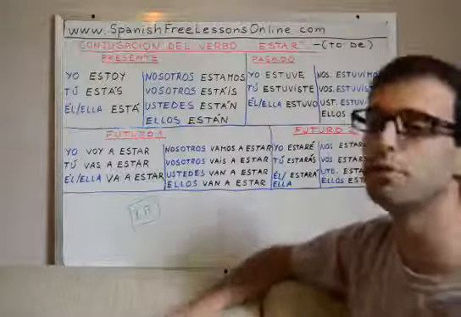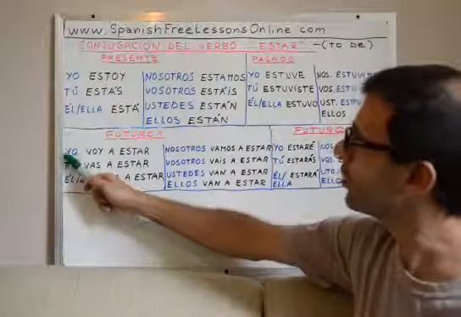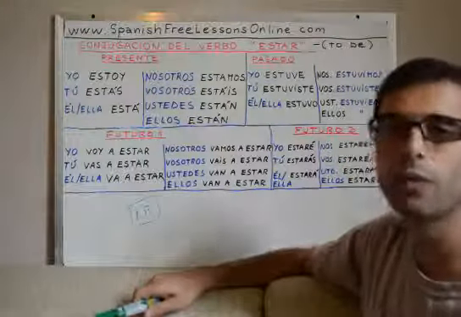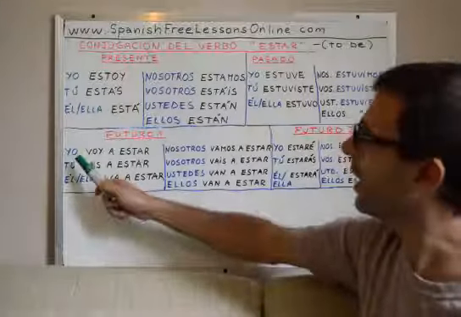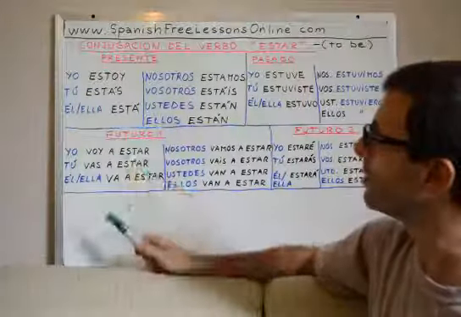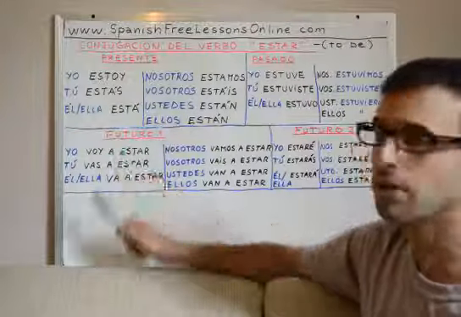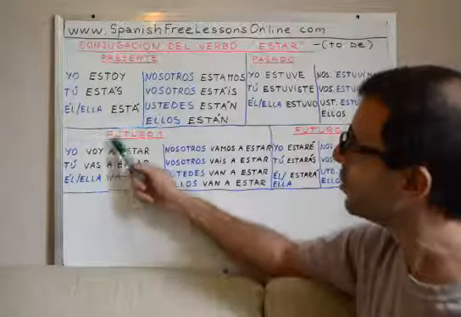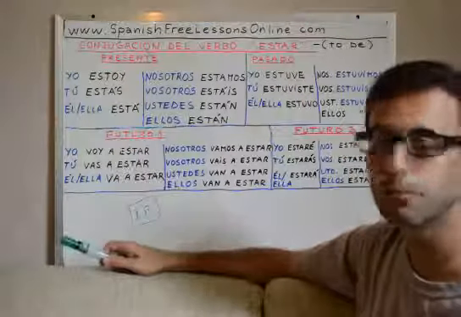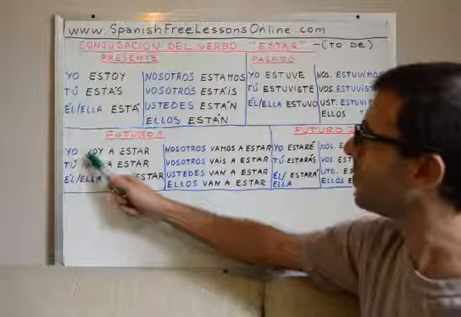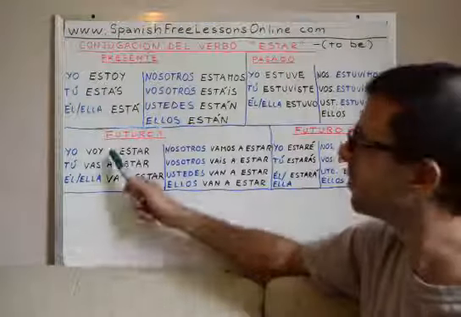So let's begin with the future. Yo voy a estar. This means I will be. I will be, right? This a means to, but this is a necessary word for building the future in Spanish, right? It would be like saying I am going to be, right?